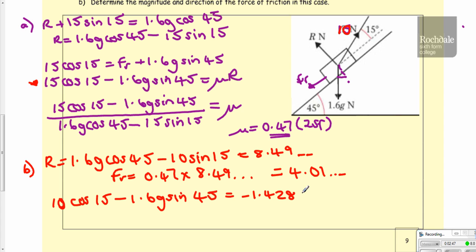So we actually only need 1.4 newtons of friction. We don't need to use the full limiting equilibrium value of friction. And also because we got a negative, it means that in our calculations earlier, the friction is acting in the wrong direction. So rather than acting down the plane, in this case, the friction will be acting up the plane.